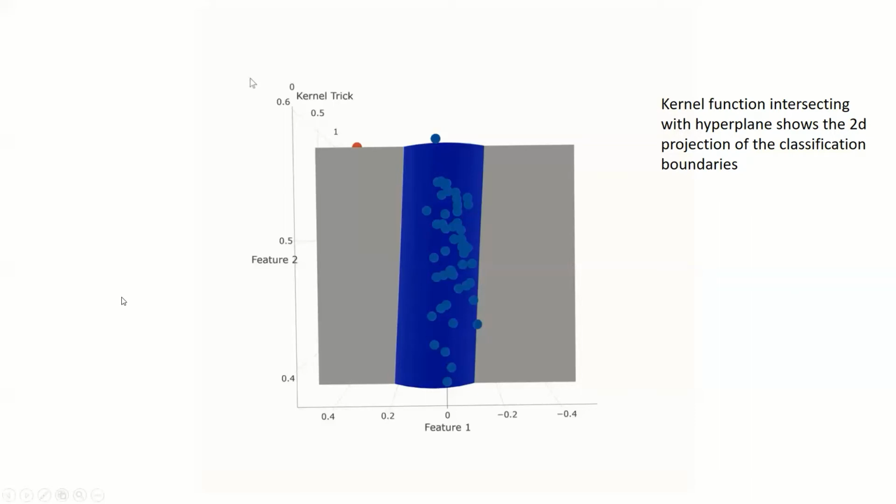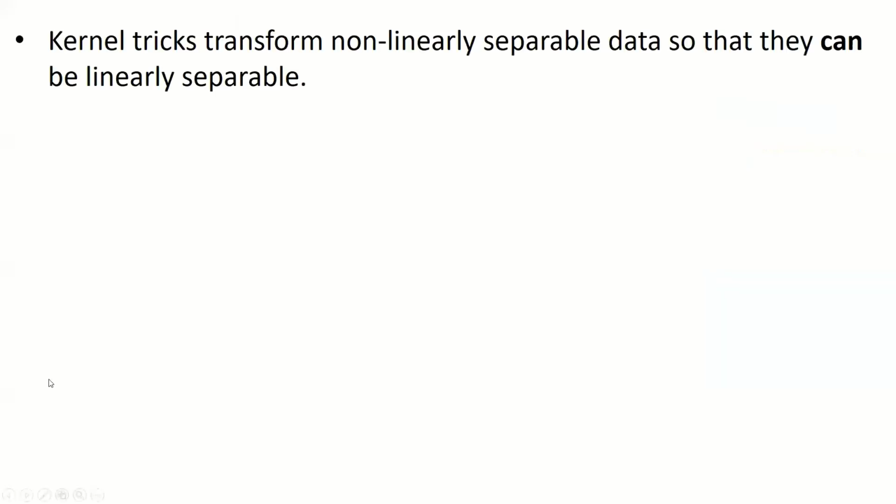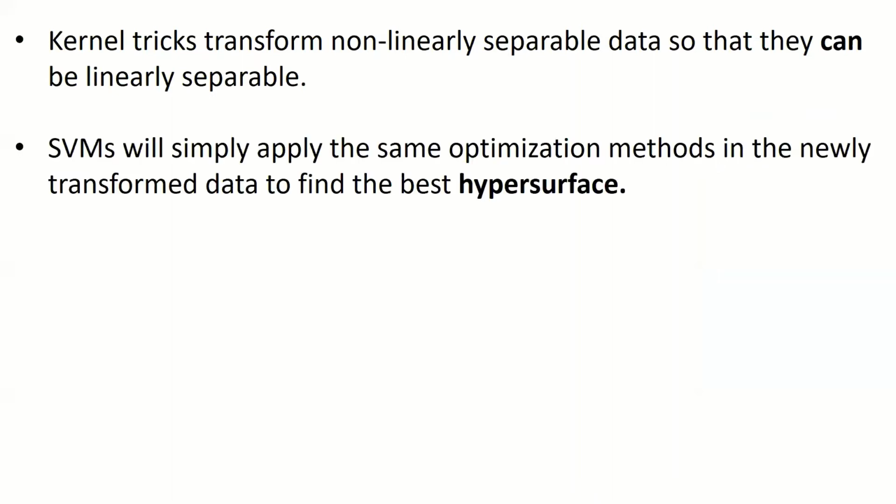So, don't think that we're just going to leave the data with all the transformations in place. We definitely relate it back to our original boundary space. So kernel tricks, which is a really cool thing about SVM, transform non-linearly separable data so that they can be linearly separable. SVMs will simply apply the same optimization methods as before.